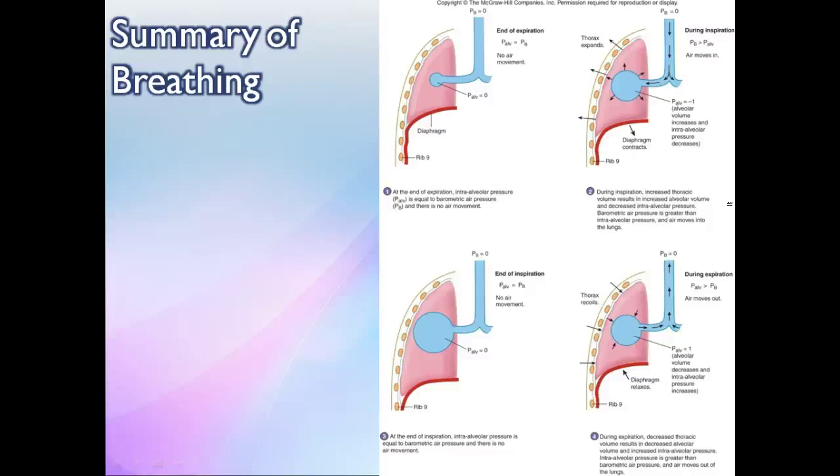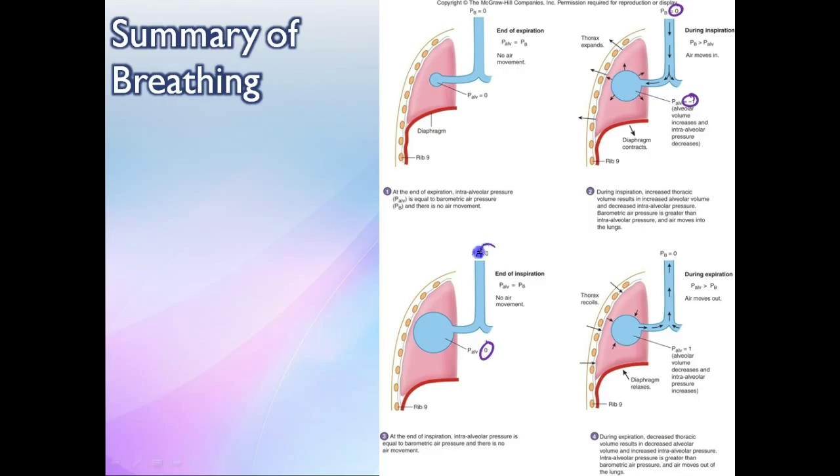Now, this here is another diagram that summarizes what we just talked about. The only thing you're going to note is instead of using 760, 758, 762, it uses positive 1, 0, and negative 1. Now remember, gases move from high to low. So if we are 0 out here and negative 1 in here, gases are going to move in.